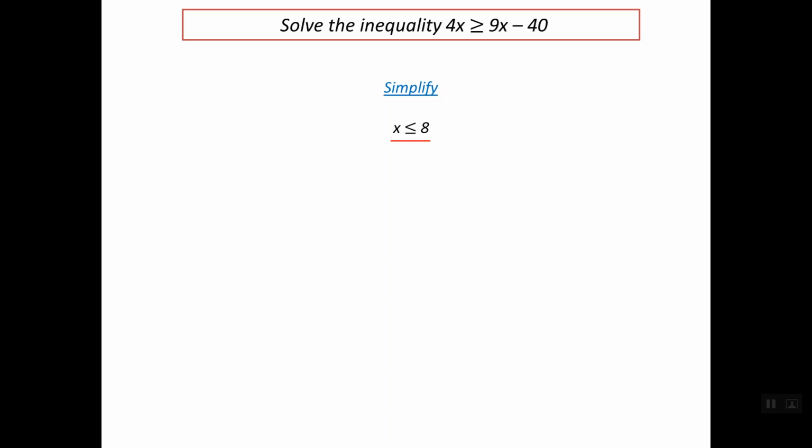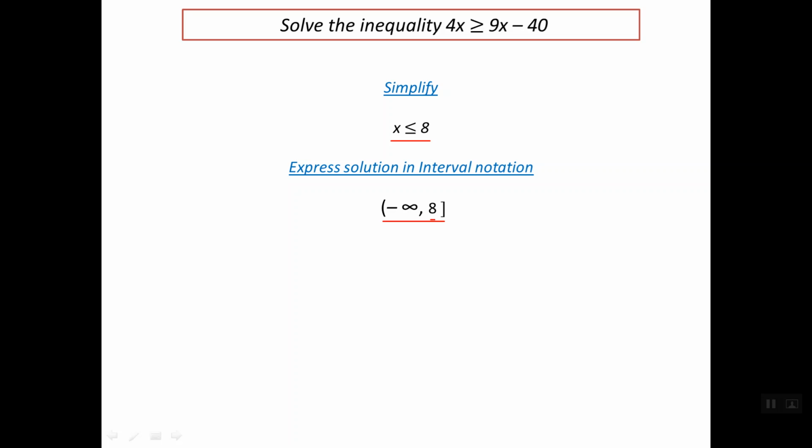Any value of x which is less than 8 is part of the solution, including the number 8. Now we can express the solution in interval notation. So we say that the interval between minus infinity and 8 contains all solutions to the above inequality.